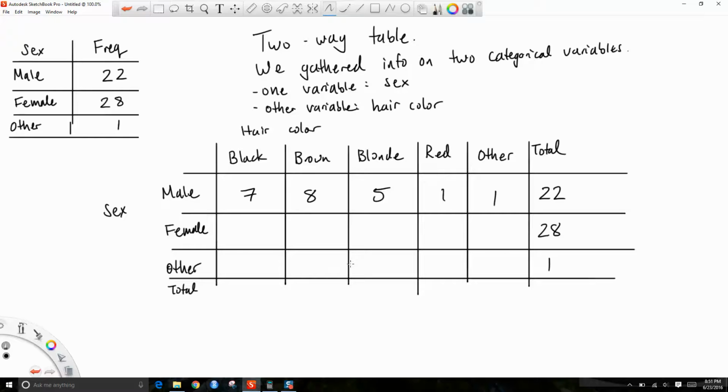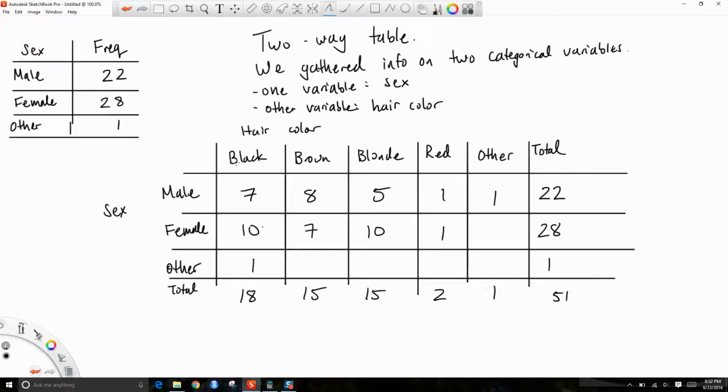And we'll go 10 and 7 and 10 and 1, and we'll do 1 here. So we have a total of 18, 15, 15, 2, and 1, and I think these things add up. And so this is now a two-way table.